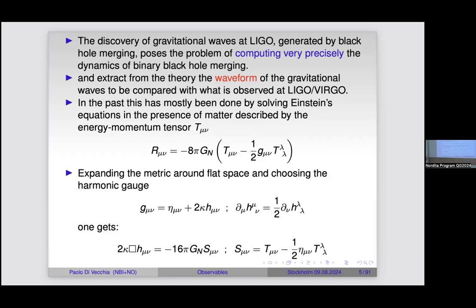Okay, so you write the Einstein equation with an energy momentum tensor, expanding the metric around flat space and choosing the harmonic gauge. You get this equation.